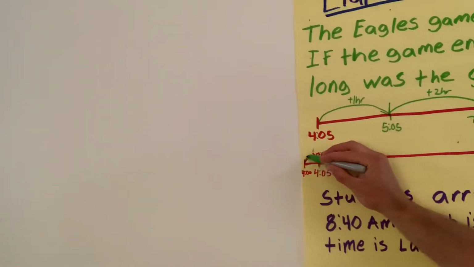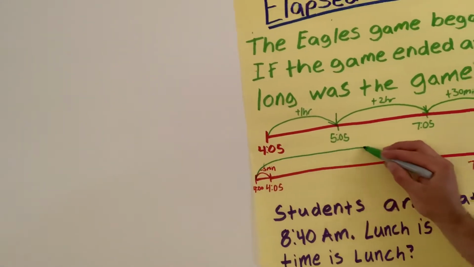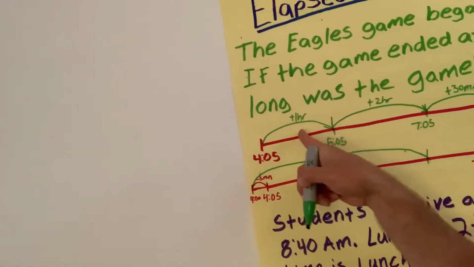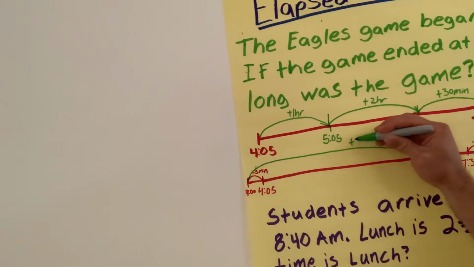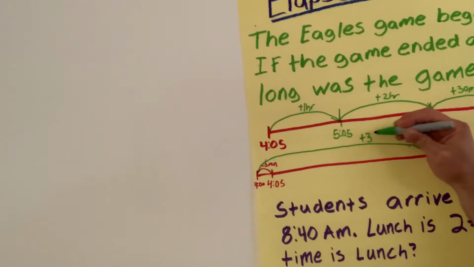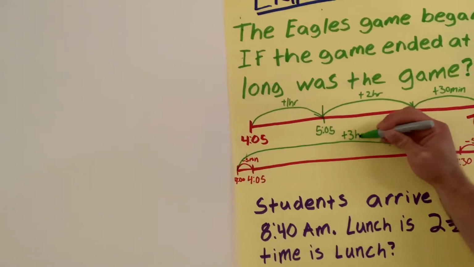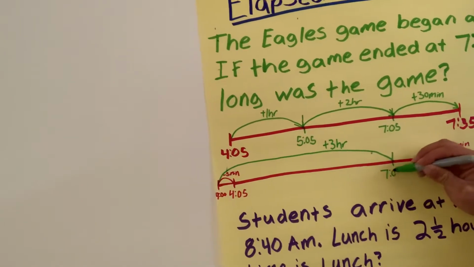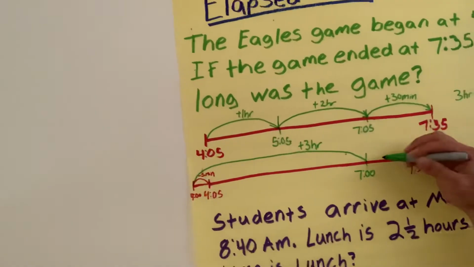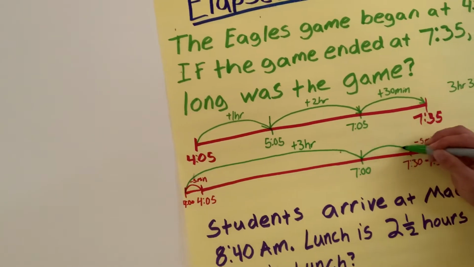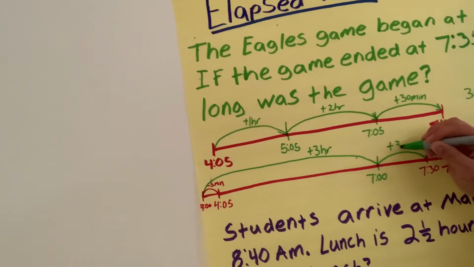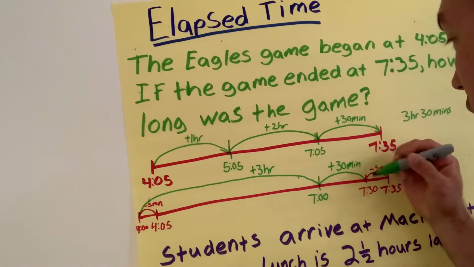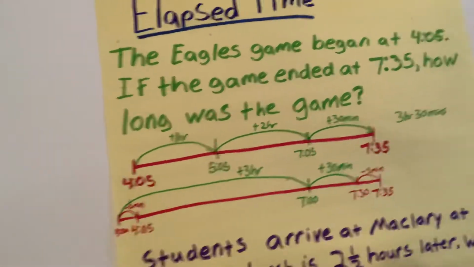So I don't necessarily need to have made those two jumps, because I could have just figured out that if I added 3 hours from the get-go, that's going to get me to 7 p.m. Then all I have to do is add 30 minutes, and that's going to get me to 7:30.